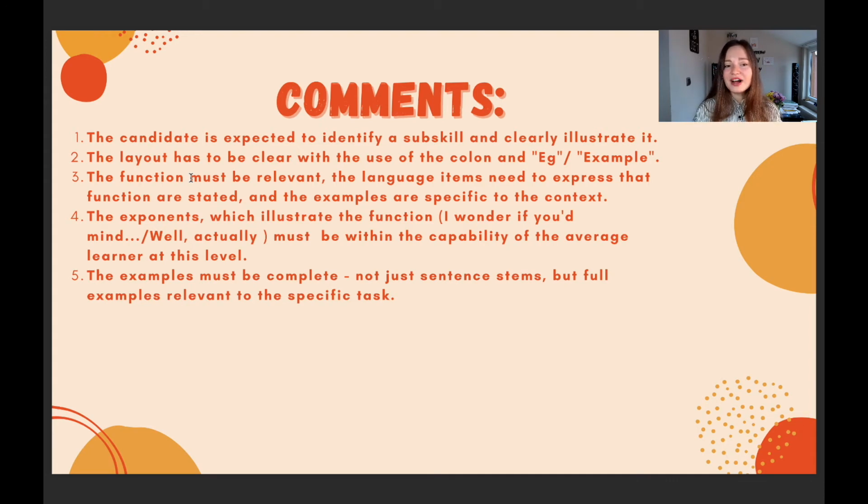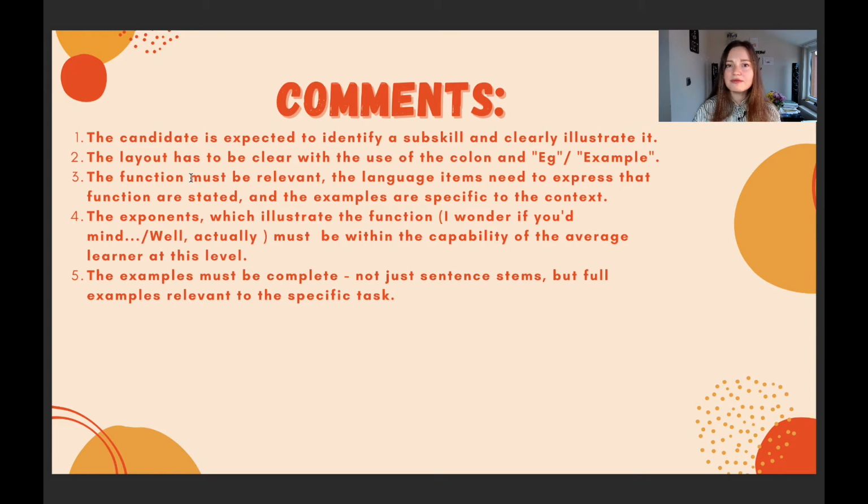Thirdly, the function must be relevant and the language items need to express that function as stated, and the examples are specific to the context. A lot of things altogether, they do matter. Fourthly, the exponents which illustrate the function must be within the capability of an average learner at this level.